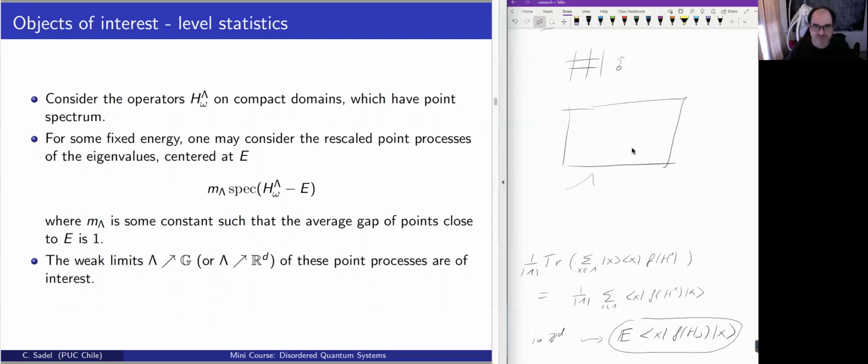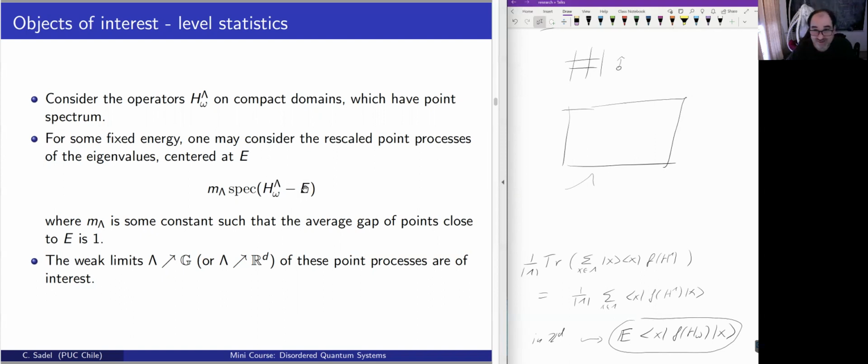Because we have these Schrödinger operators, when we take compact boxes in R^d, or finite subgraphs in the discrete case, then the spectrum of this restriction H_Lambda will be given by eigenvalues, right? And so you can look at these eigenvalues, so how close are they to some fixed energy E? So you look at the spectrum of H minus E.